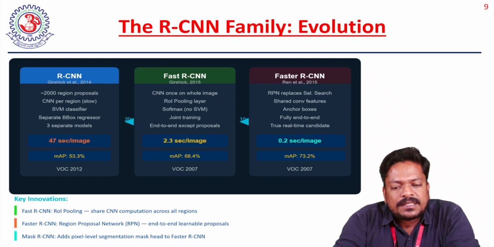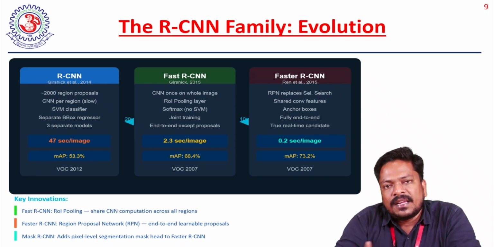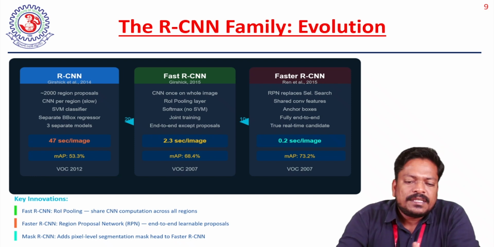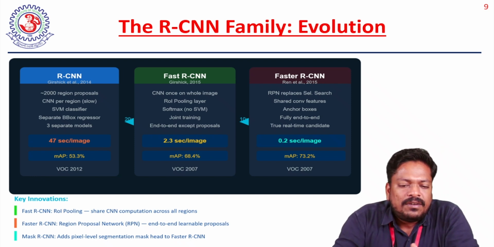If you go for faster RCNN, it will do inference on an image in 0.2 seconds. Which means faster RCNN gives better performance when compared to the traditional RCNN. So these are the different levels of evolution of the RCNN, then followed by fast RCNN, then faster RCNN.